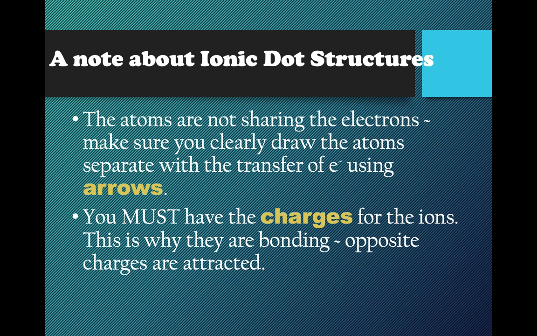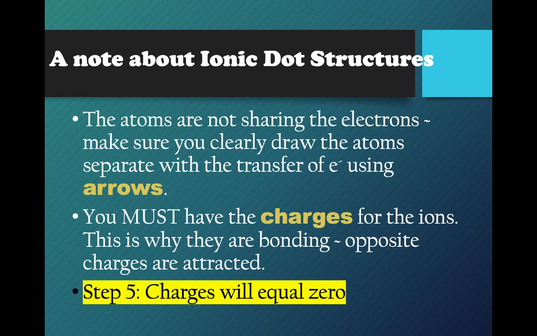Now you might have noticed I said that there were 5 steps to drawing ionic compounds, but I've only talked about 4. It's because the 5th one is not really a step, it's really a check. When you draw these things, how do you know that they're correct? Well, it's because the charges will equal 0. After you do the transfer and write down all the respective charges, if you add all the charges up and it equals 0, then that should give you a pretty good likelihood that you did it correctly.